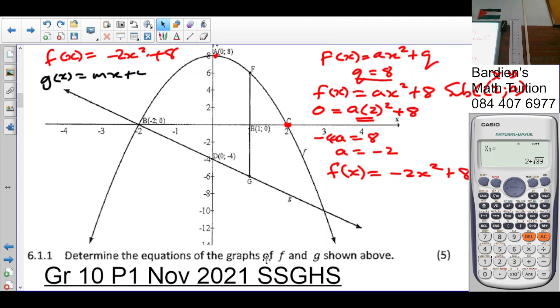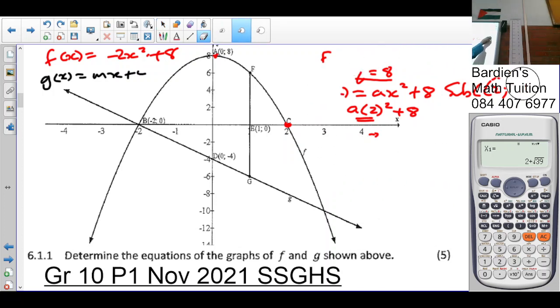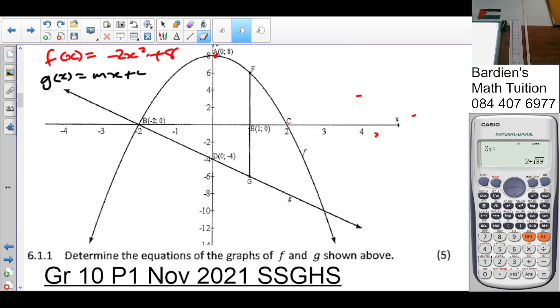Then the question says, determine the equation of g as well. So g is going to be a straight line. The standard form of a straight line is y is equal to mx plus c. Do we have 2 points on this line? Yes, we have B and D, which are known to us. So how do you calculate m?